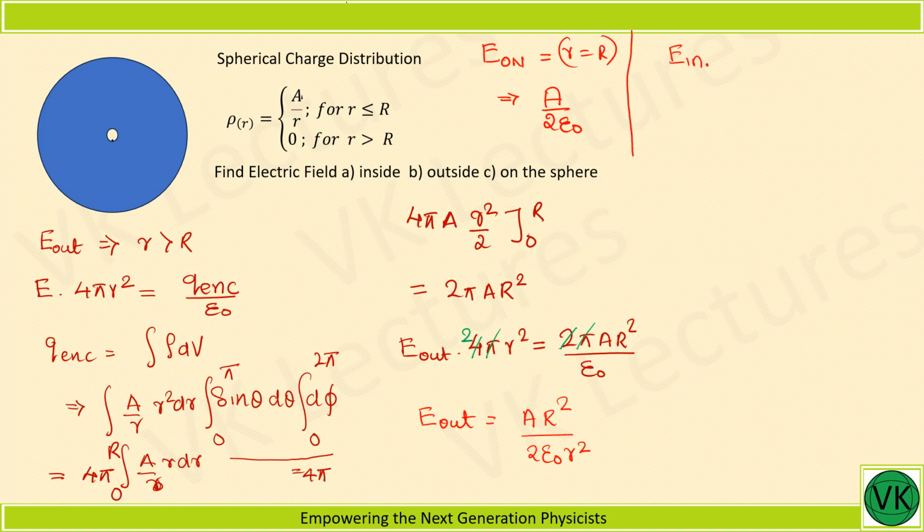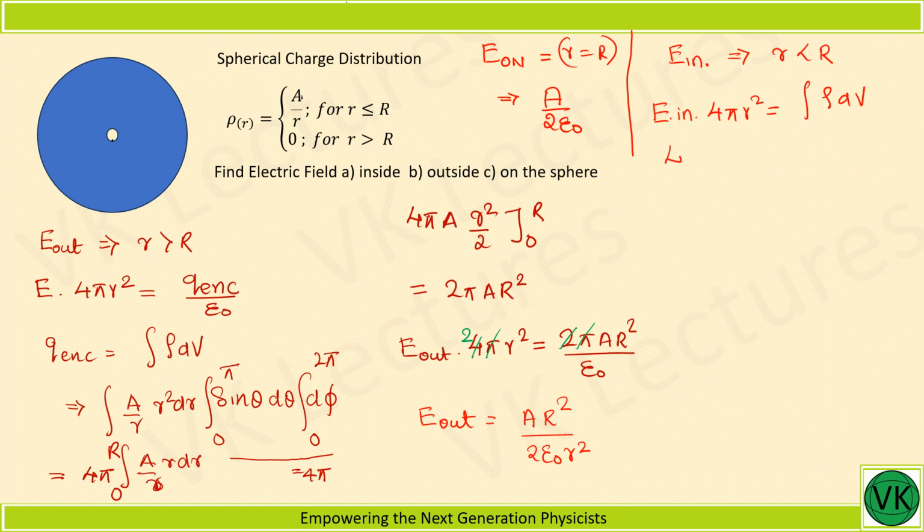For E inside, we know r should be less than capital R. So E inside into 4 pi small r square equals integral rho dv. The integral we have already found out, that is A r square by 2.